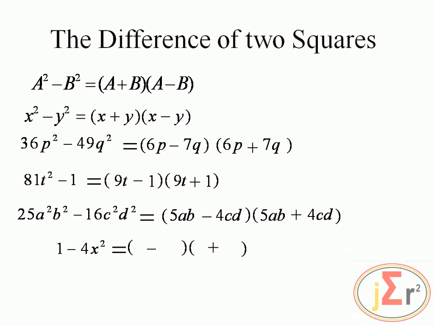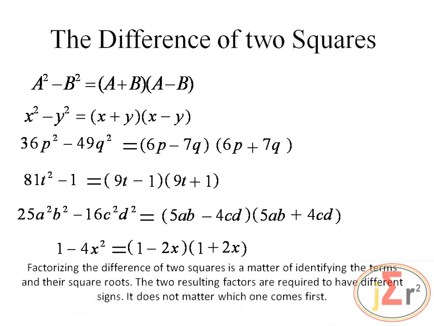Any more? What did we square to give 4x squared? No doubt 2x. Goes there. So we are just taking a look at the pattern for the difference of two squares. As a matter of fact, this is not a lesson or a tutorial on the difference of two squares.